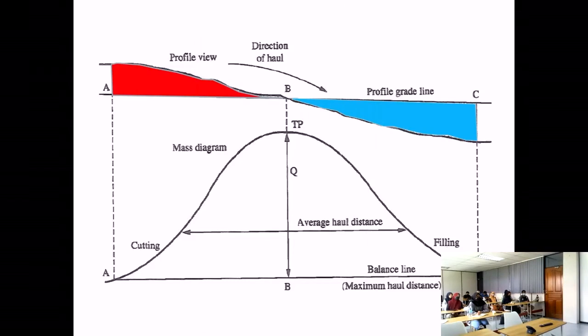So this is what we call the mass haul diagram. Now, what would be the term that we used earlier?